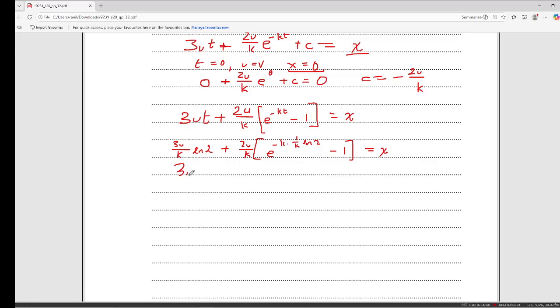So this becomes 3u by k ln 2 plus that with 2u by k. Okay, so k gets cancelled out, we get negative ln 2, so that is going to be 1 by 2, minus 1. This becomes negative 1 by 2, and that's equal to 3u by k ln 2. If this becomes negative 1 by 2, then we add this as minus u by k.